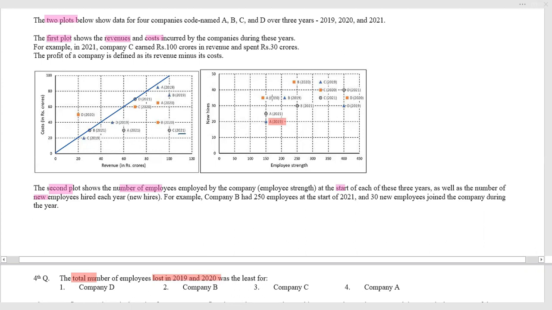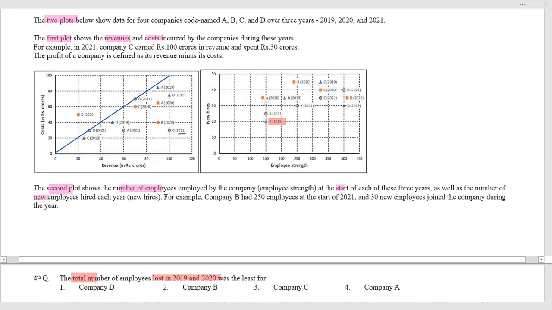In the next year, 20, it is going to the left hand side, wherever the number of employees has decreased, that is the lost part. Wherever it is going left, it would be the lost part. And new employees hired, again on the same line but to the right, so it has increased.